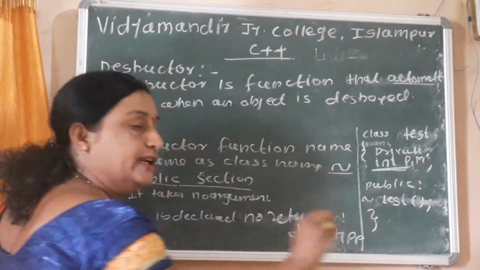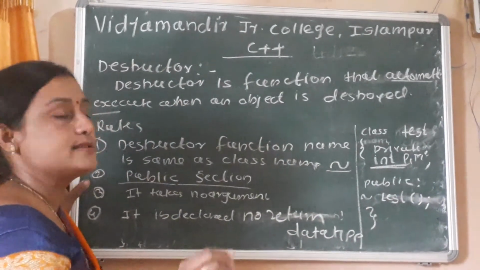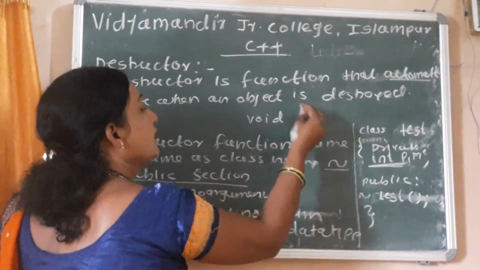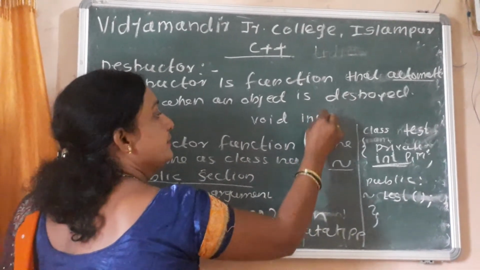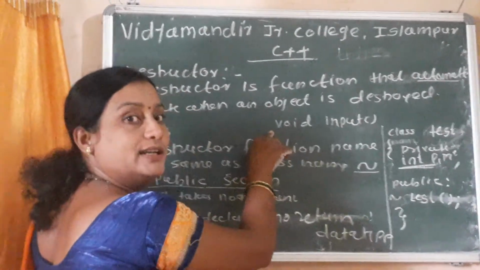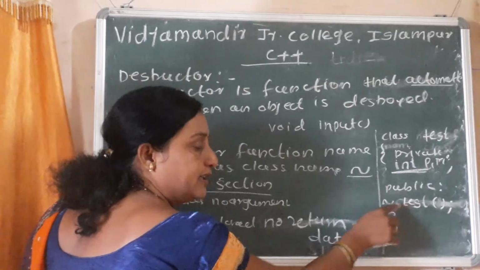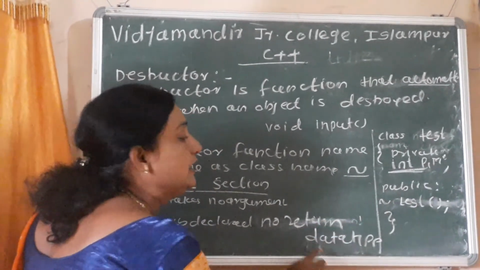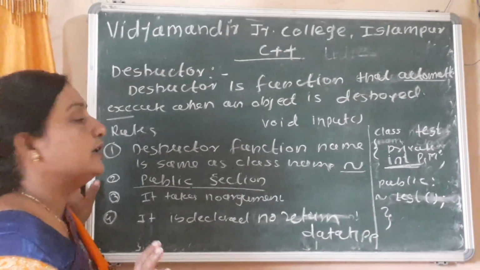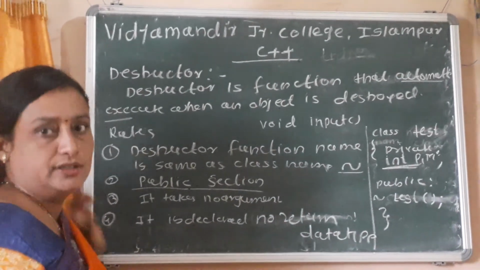We declare a function using a data type, for example void or int, that is a function declared with a return data type, but in a destructor we can't give any return data type. That is the information about the destructor function. Okay.